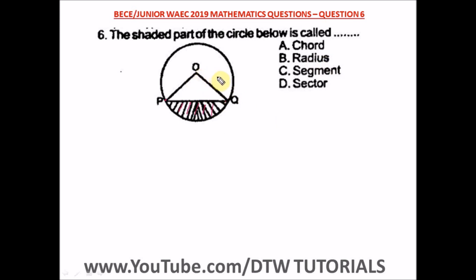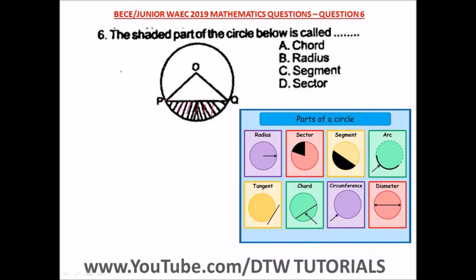Let me use this particular picture to help us out here. Okay, now let's look at parts of the circle here. As I said, a chord is a straight line that touches two parts of a circle.